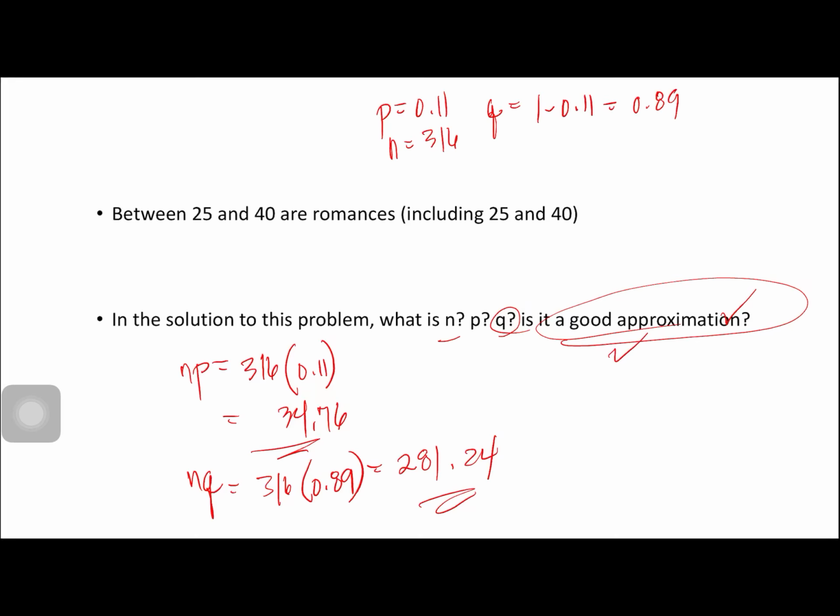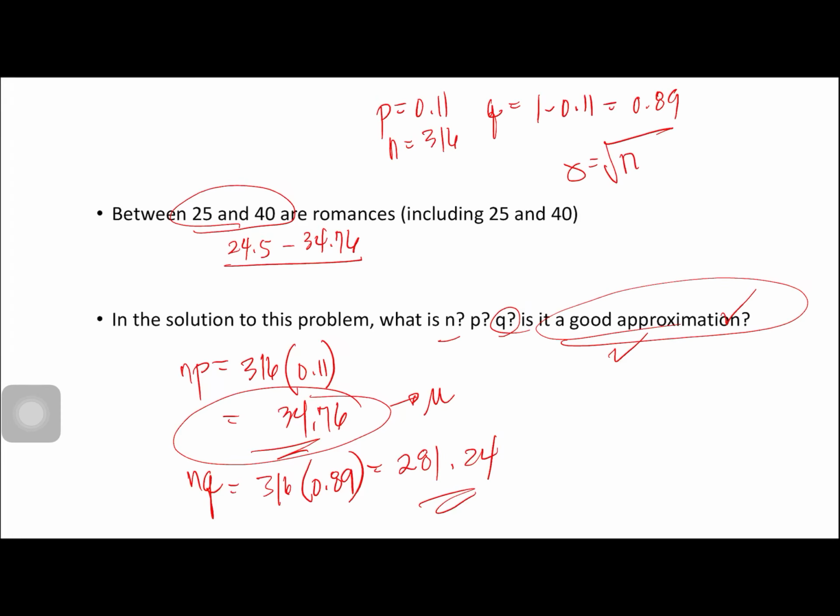So what is the probability that between 25 and 40 are romances? We have 24.5 minus our mean, this is our mean, 34.76, divided by, we do not have our standard deviation, so let us compute for that. Sigma is equal to the square root of npq, that is 316 times 0.11 times 0.89.